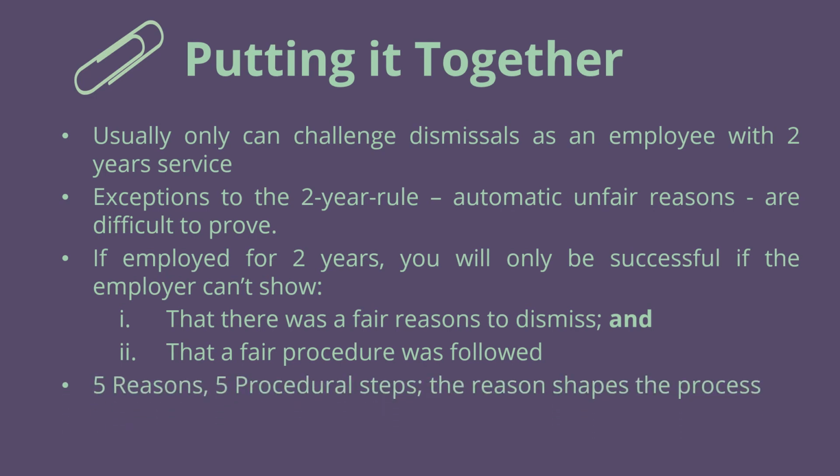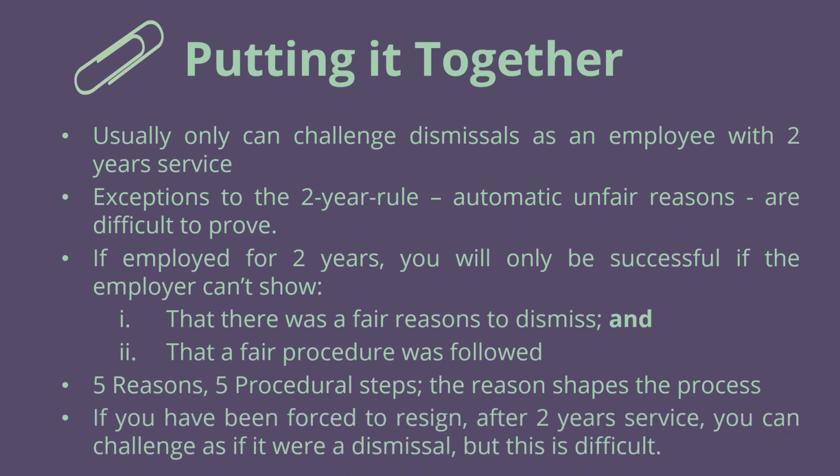There are 5 fair reasons to dismiss and 5 keys to a fair process, with the reason given shaping how that process fits within those 5 keys. Finally, we learned that if you have been forced to resign, in some limited circumstances you might be able to show that this constitutes a dismissal.